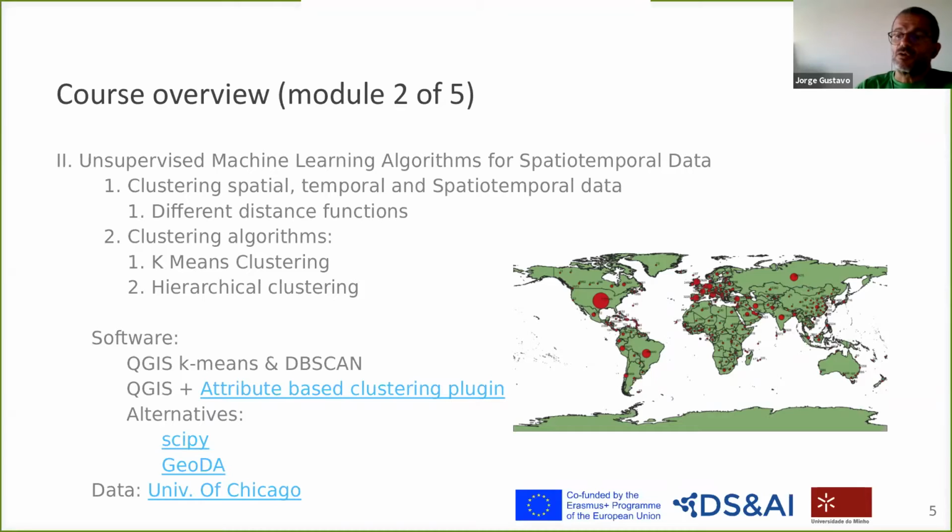And we can also use a data set from the University of Chicago, also collected by Luc Anselin during many years, and we have very nice data sets of patterns, so we can find patterns in almost all kinds of data sets. And that's the content for this second module of the course.